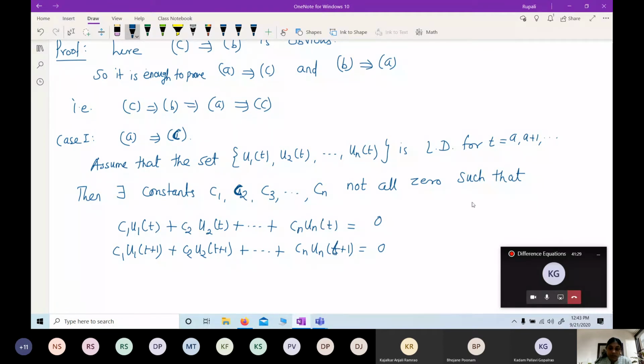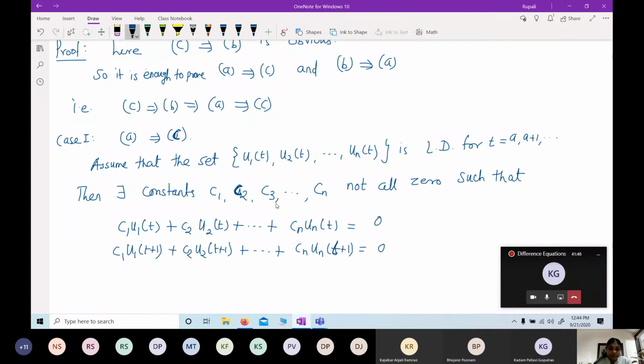This is for all t, a plus 1 and so on. So if it holds for this t, then for t plus 1, t plus 2, t plus 3 also we will have 0, where the constants are not all 0.